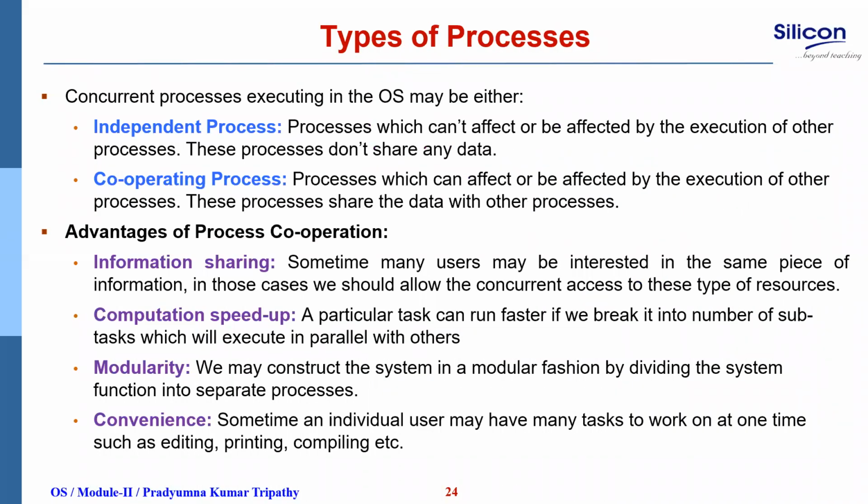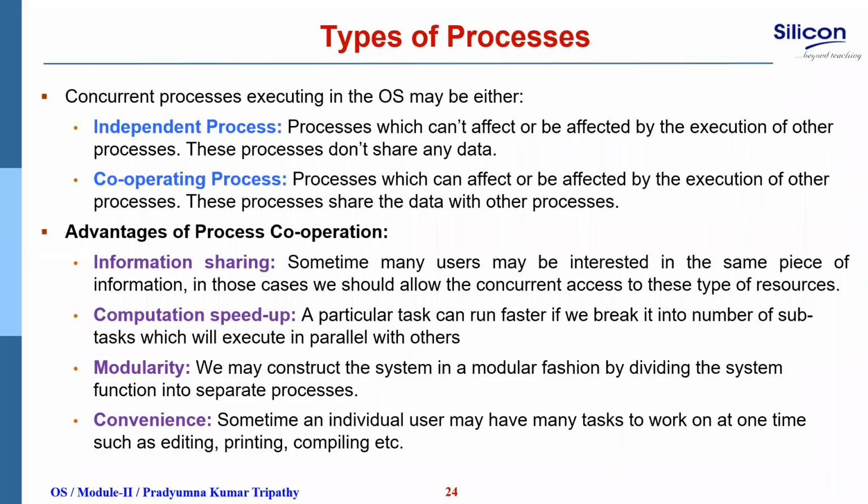Okay, we have two different kinds of processes. Concurrent process execution in the operating system may be either independent or cooperating processes. When processes execute in a system, many processes are executing. These processes may be independent if they do not share any data or instructions.